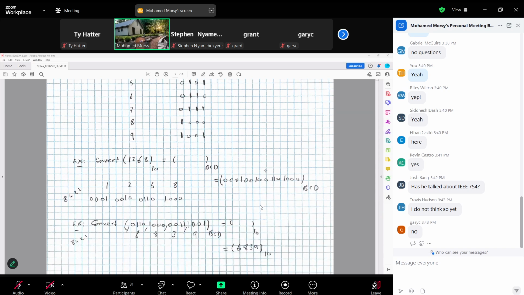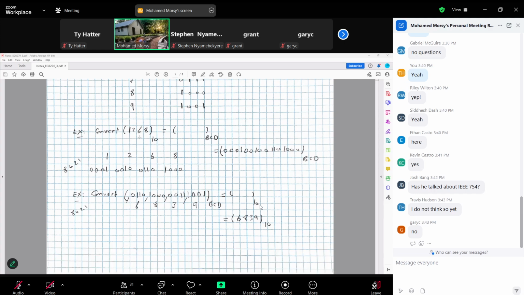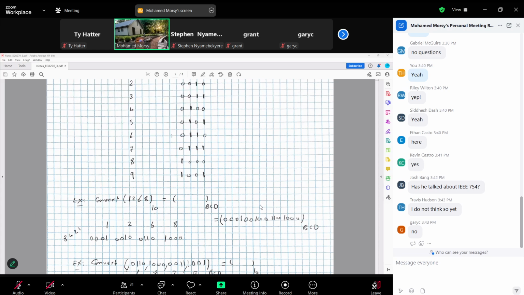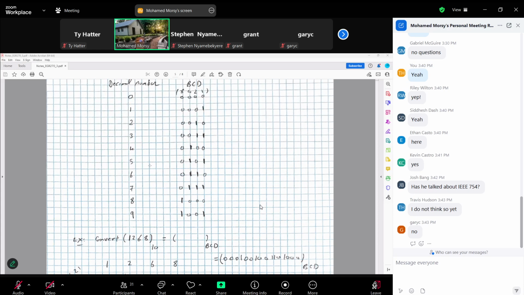So if we need to convert the number 1268 in base 10 into BCD code, if we need to encode this number, we do it like we did here: 8 corresponds to 0001.